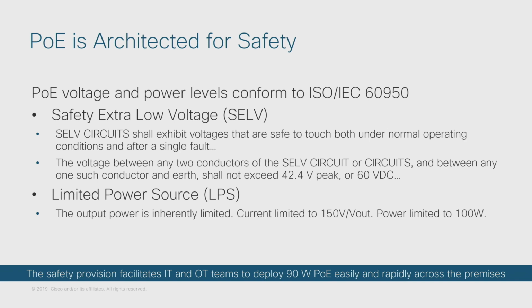So these are limits which are safe for devices that are within the proximity of humans. Now, this essentially allows IT and OT teams to be able to deploy PoE up to 90 watts very easily across their premises without the need for any electrical technicians.